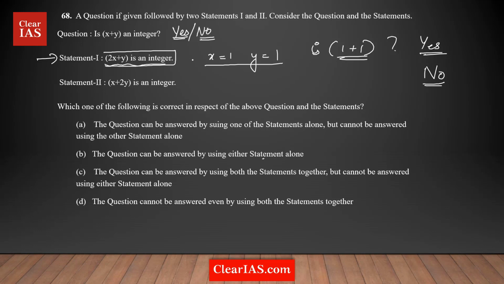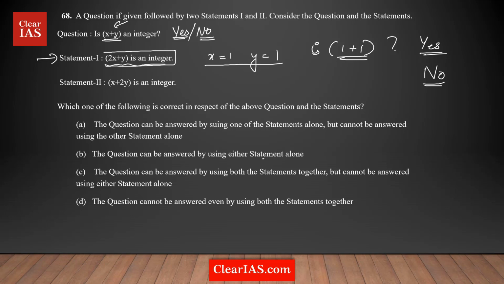Instead of randomly picking any values for x and y and hoping that you get a no, which doesn't work here, you need to think logically about which values can give you a no. To get a no, the sum should not be an integer.